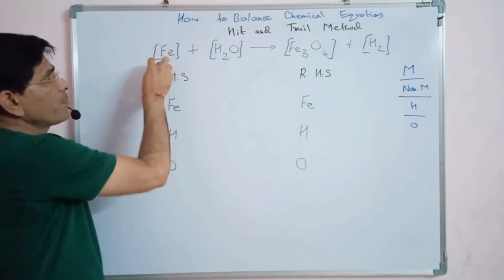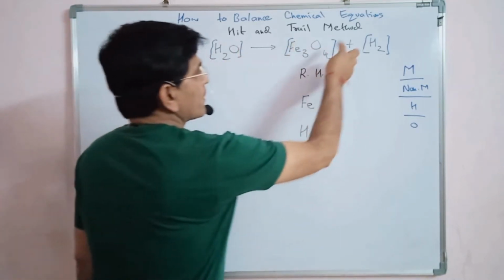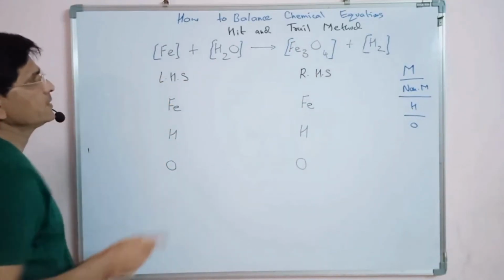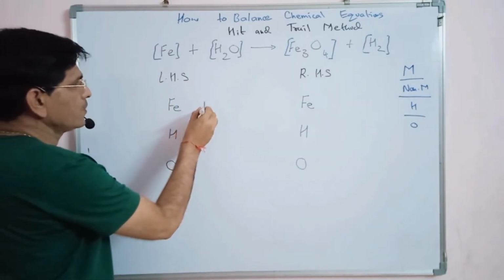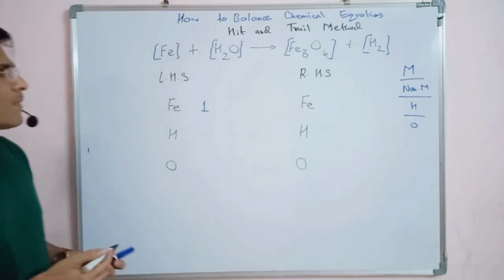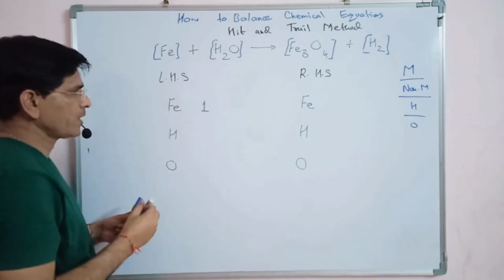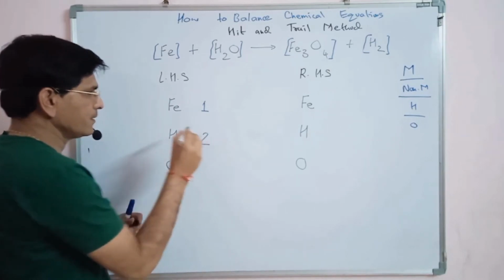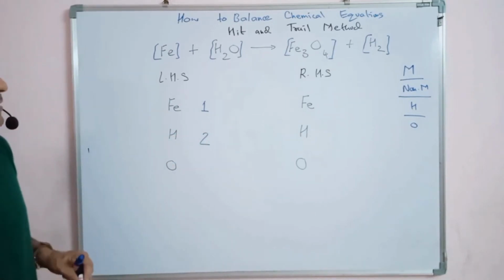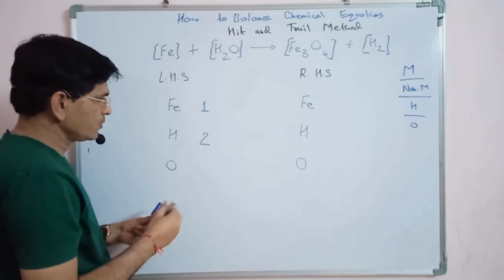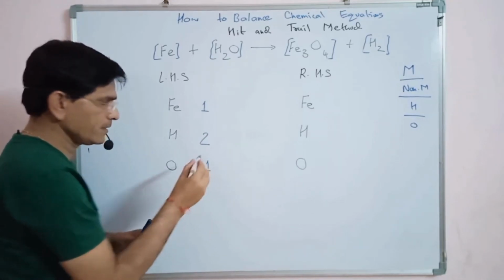First of all, make a square here every time. Iron is 1, so I write iron 1 here. How many hydrogens are there in the reactant? 2 hydrogens, so I write 2 here. How many oxygens? 1 oxygen, so I write 1.